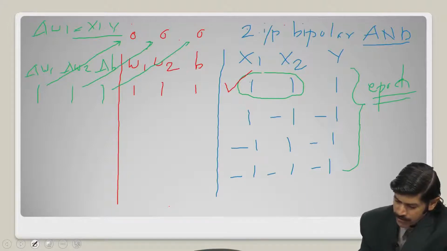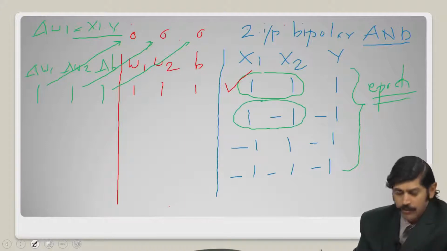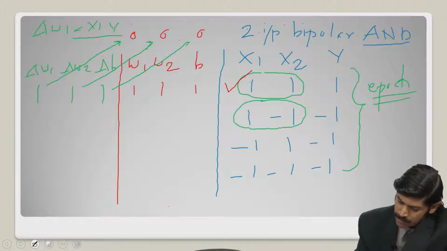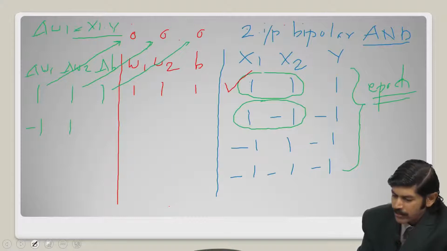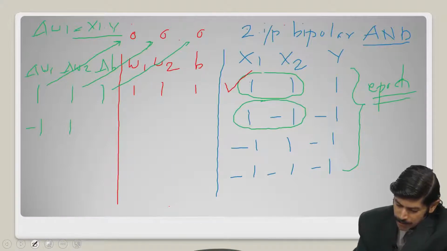Now let's excite our system for exemplar number 2, that is x1 is 1 and x2 is minus 1. So delta W1 in this particular case will be 1, delta W2 will be equal to 1, because x2 is minus 1 and y is also minus 1, and delta B will be equal to minus 1, exactly same as y.